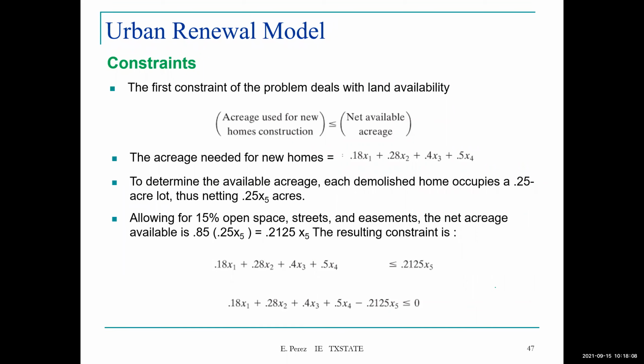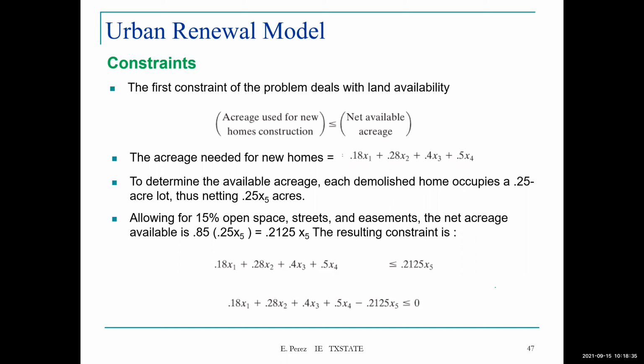The first constraint deals with the land availability. There's no space now. We have to create that space by demolishing these structures. So the acreage used for new homes has to be less than or equal to the net available acreage. This is the amount that we need per type of home, so we're going to be summing that space.